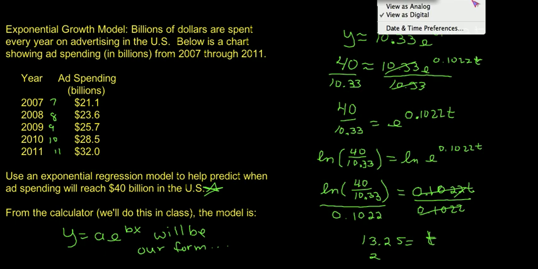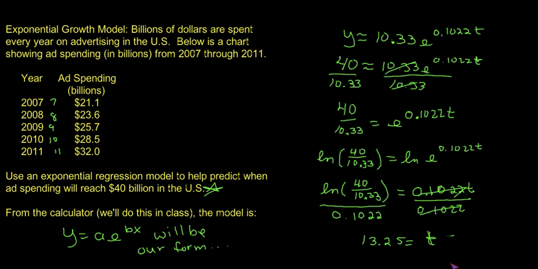Again, in the year 2013 would be our prediction based on our model of when we're going to cross the $40 billion threshold in advertising. So that's one method that we can look at here, and that's exponential growth.